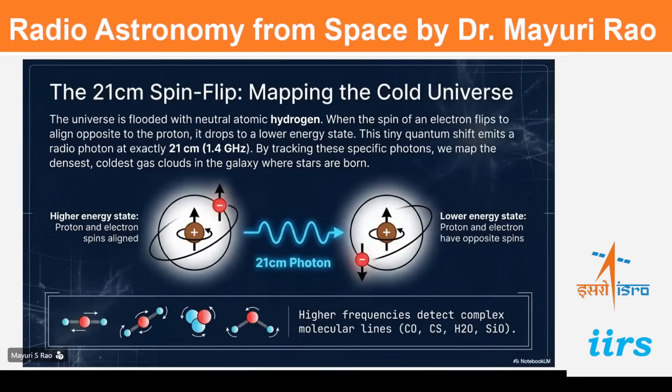This spin flip transition emits a photon with this 21 centimeter wavelength or 1.4 gigahertz frequency. Even though this transition probability is very low, because there is so much neutral hydrogen in the universe, we can use this 21 centimeter line to study hydrogen gas in the universe.